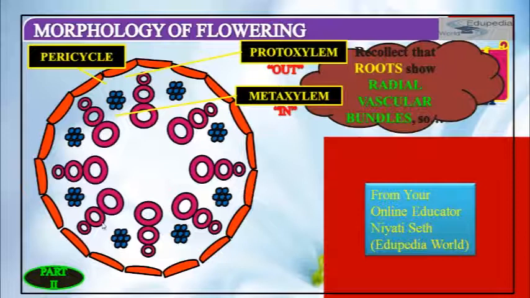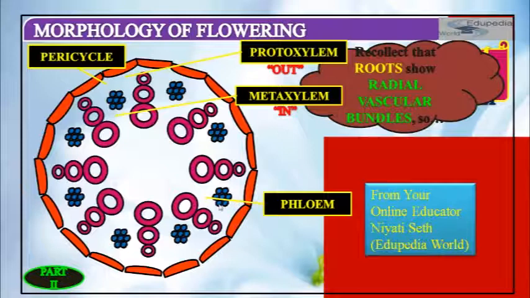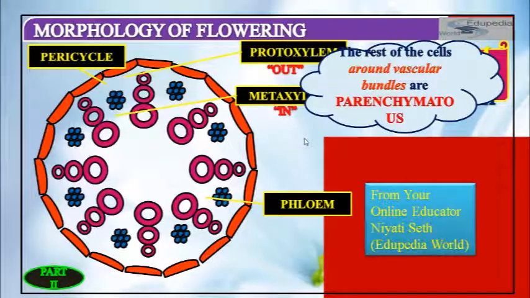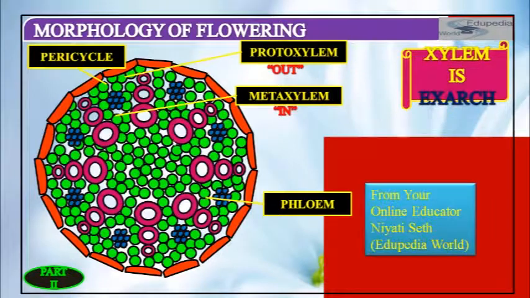So it is forming an alternate fashion, and thus the roots have radial vascular bundles, right? Now this is your phloem. The rest of the cells around the vascular bundle are parenchymatous. So these are parenchymatous cells.